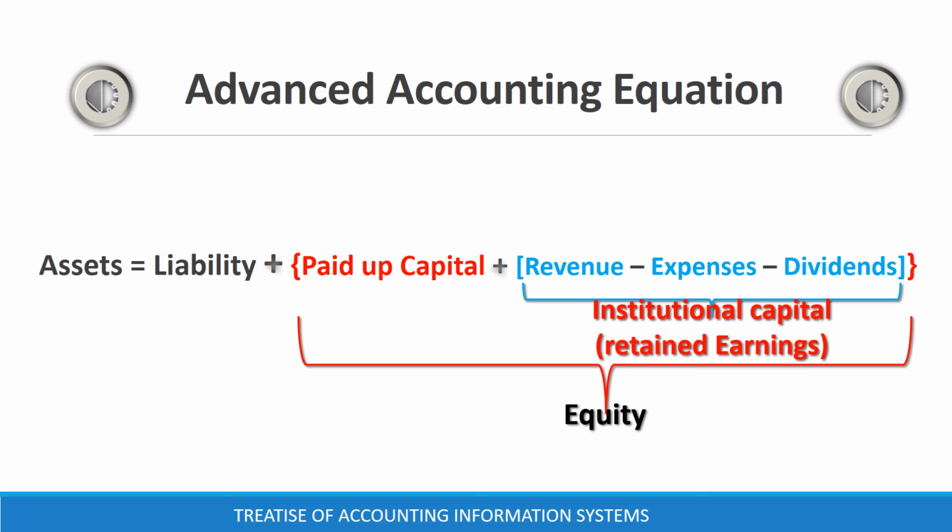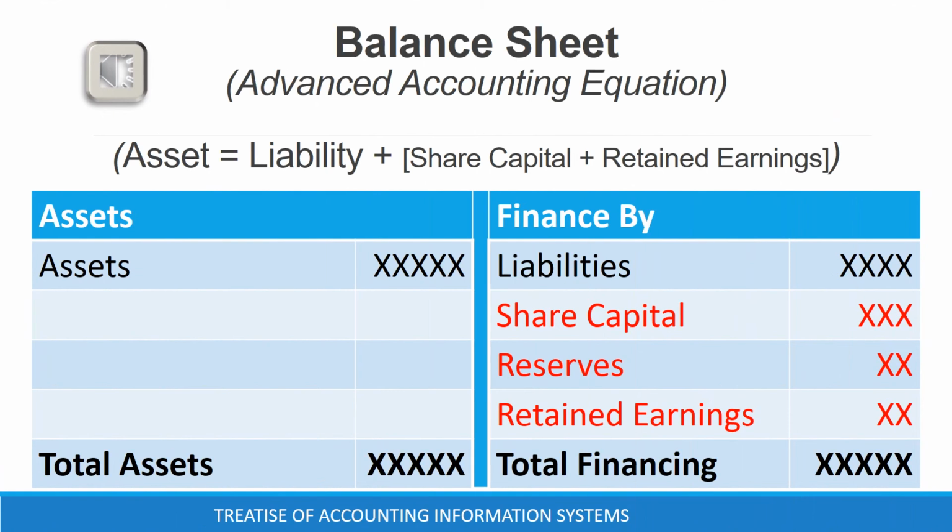The components of equity, that is, paid up capital and institutional capital, are normally presented in a statement of changes in equity. The advanced accounting equation is presented in a balance sheet whereby equity is split into share capital, retained earnings, and reserves.